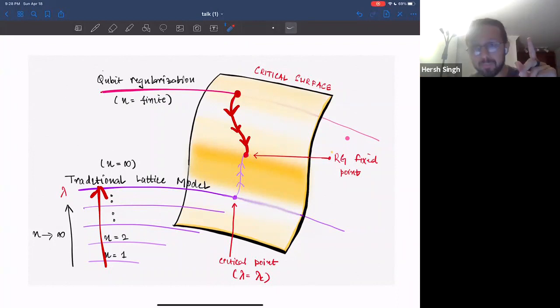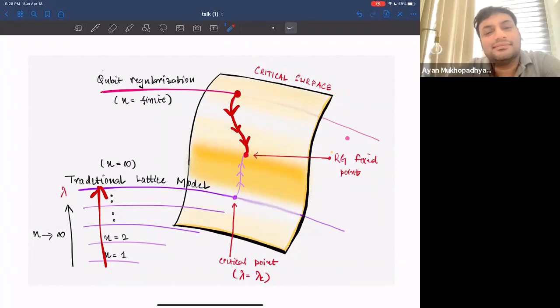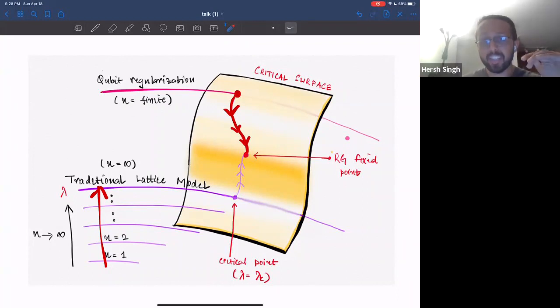I see. So let me define critical surface. For me, a critical surface is a surface where all points are lattice Hamiltonians which are critical, and they all flow into the same fixed point. Meaning they are all related to each other by irrelevant operators.